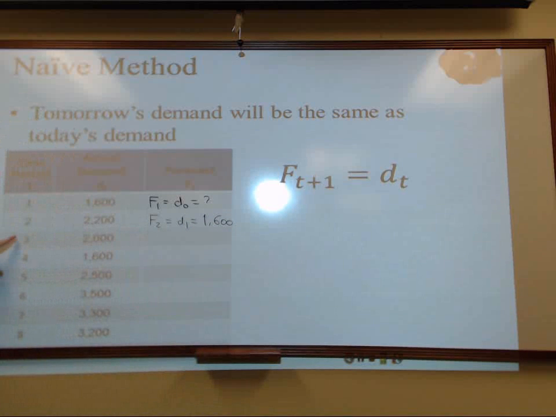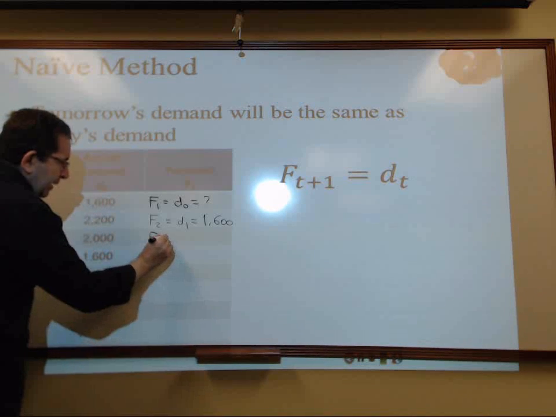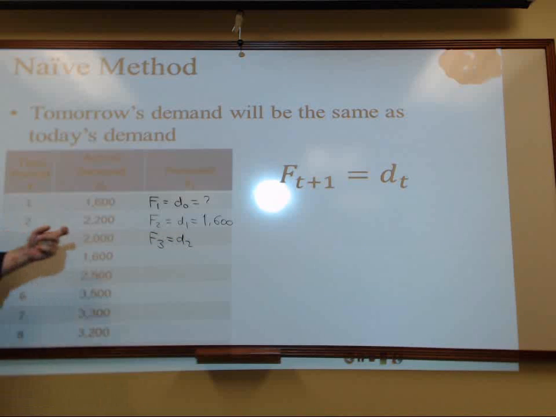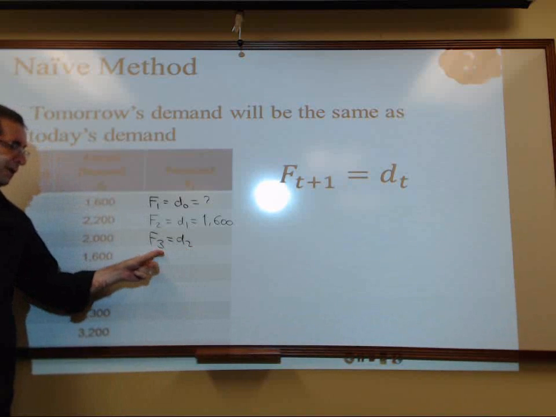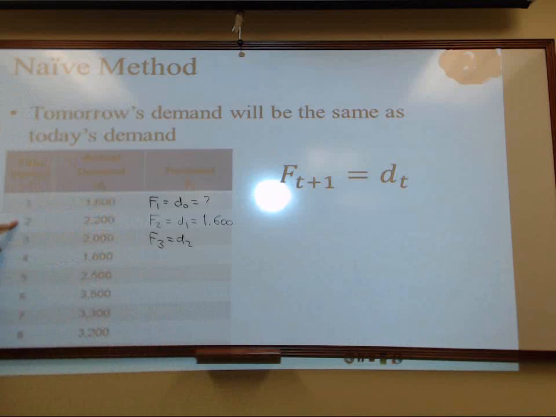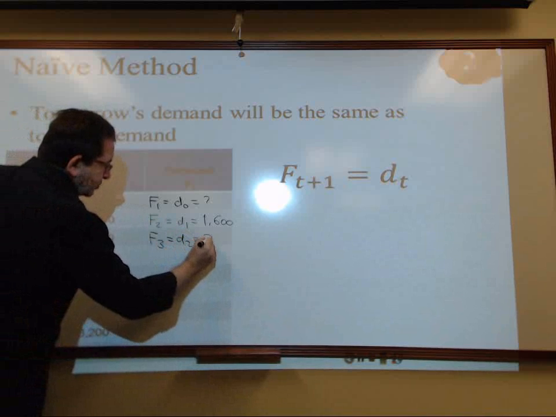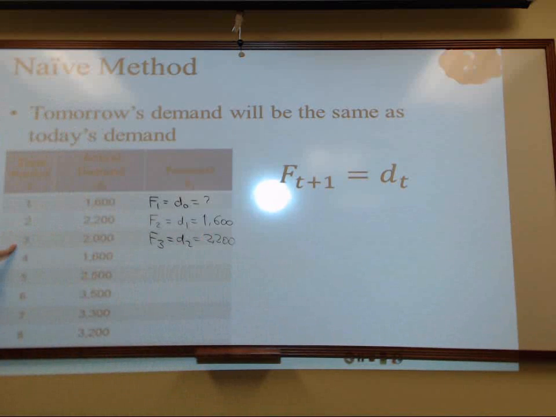So forecast for period 3 will be equal to F3, will be equal to D2, okay? Whatever or however much we sold in period 2, we will also sell the same amount in period 3. So in period 2, this is our demand, okay? So 2,200, okay?